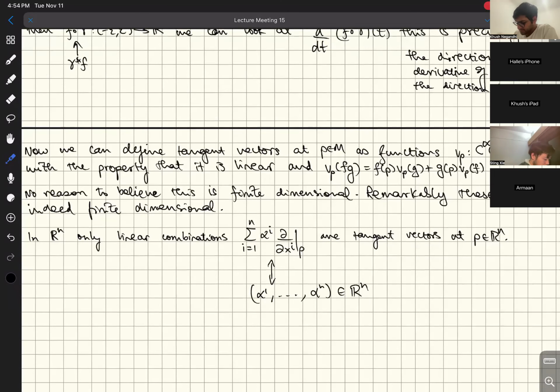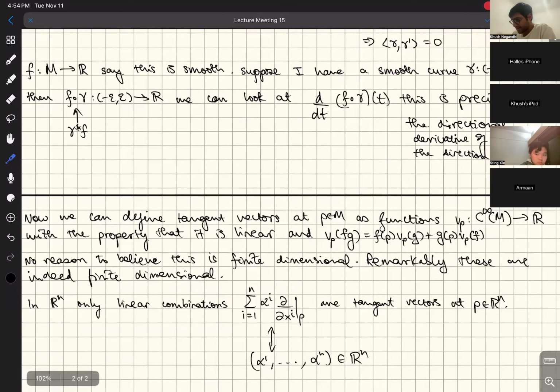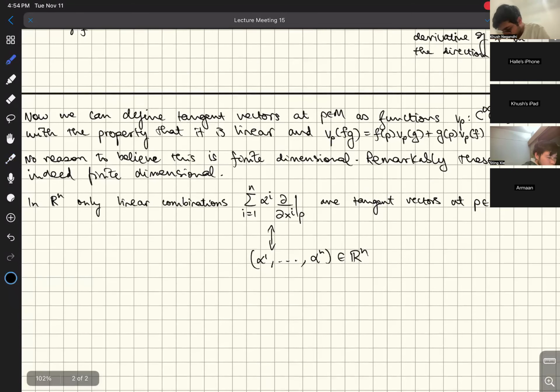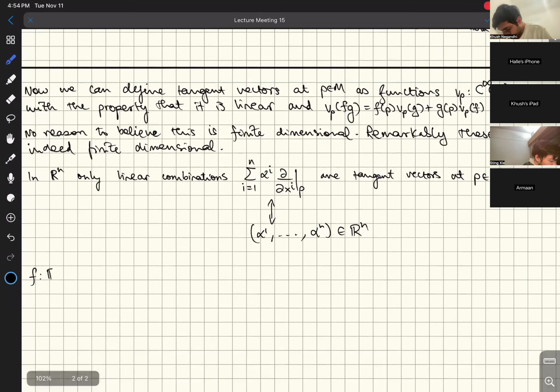Okay, so if we look at the definition of the directional derivative, and we look at the case of Rn specifically. If we have a map from Rn into R, we can look at the derivative of this map at a point. So we can look at df at p.